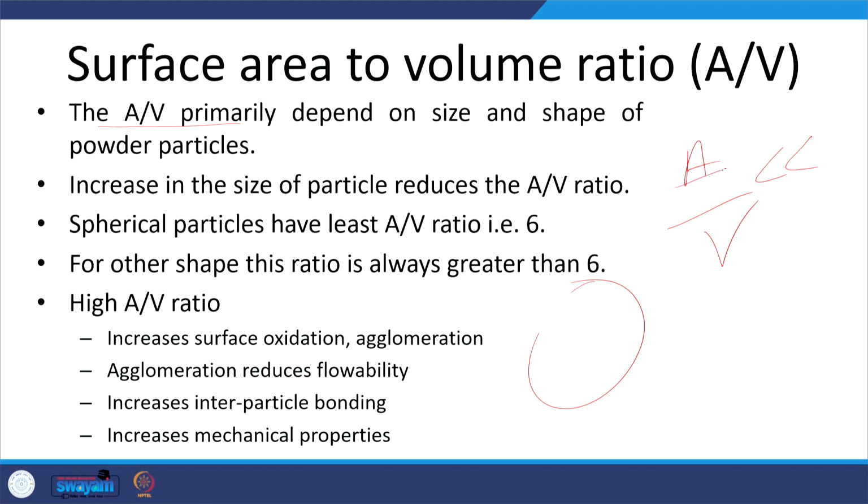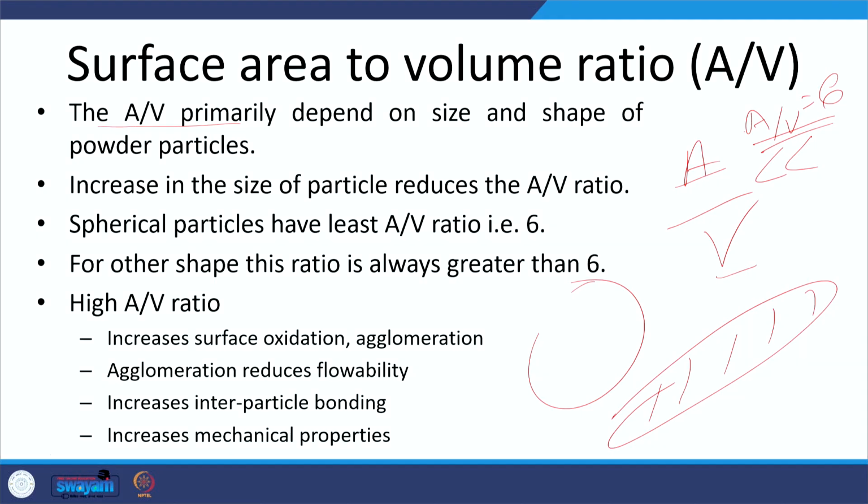Okay, the area to volume ratio is minimum for the spherical powder, while for other shaped powder particles, like if it is needle, the surface area to volume ratio is higher. This A by V ratio is found to be equal to 6 for the spherical shape. But if we talk of the other needle shape or flaky shape particles, then this A by V ratio is found to be more.